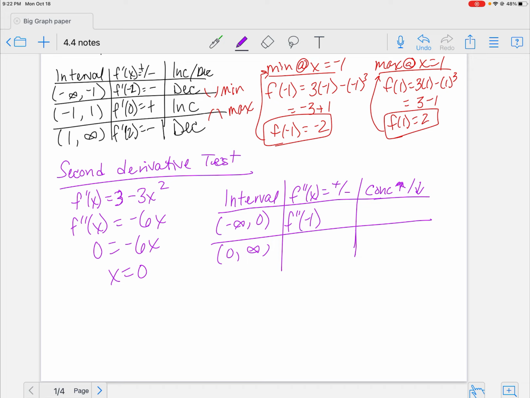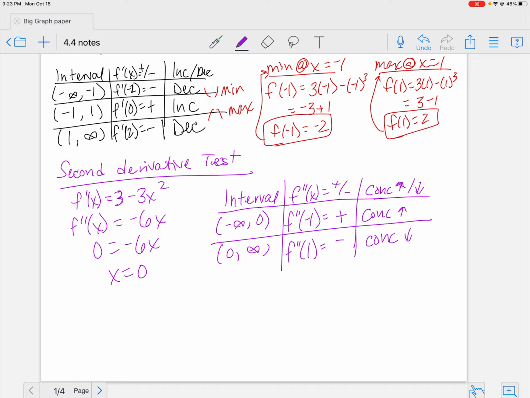So pick nice things. Something that is easy for you. If I plug a -1 in here, a negative times a negative, that's a positive. So I'm concave up. If I plug a positive 1 in here, negative times a positive is a negative.